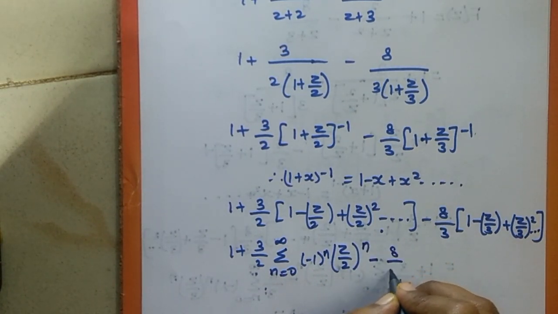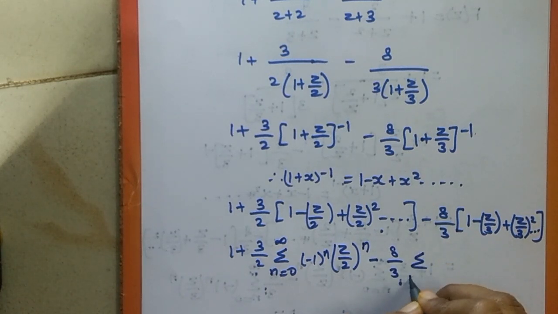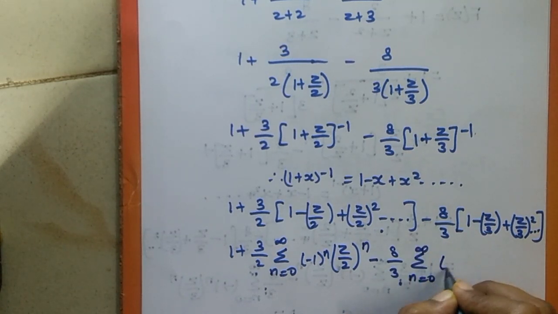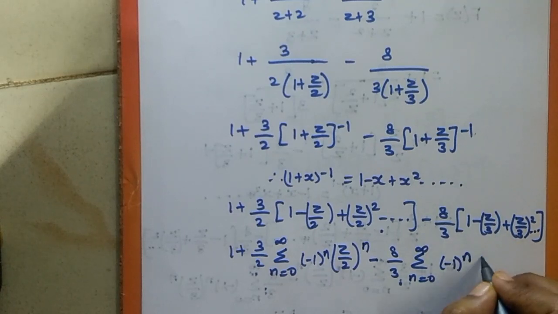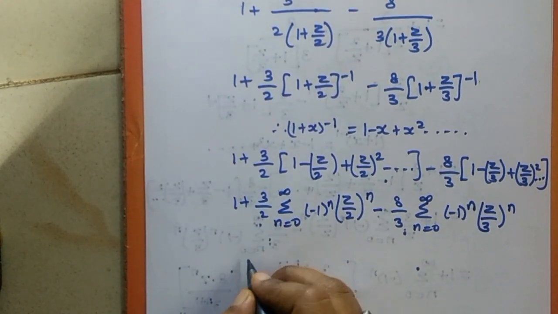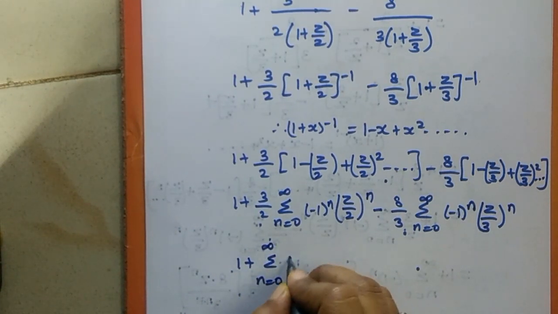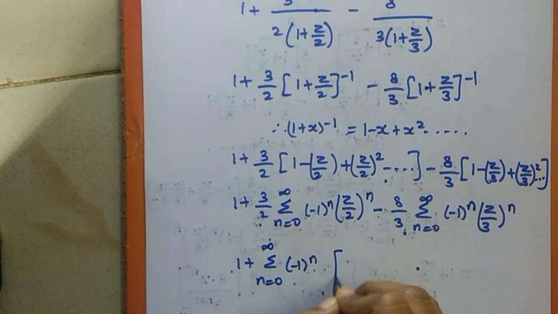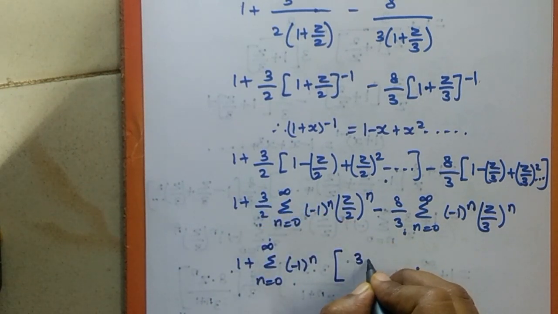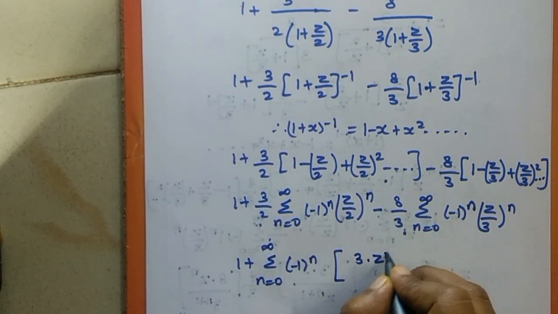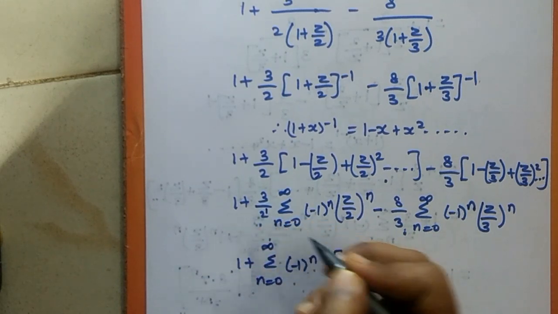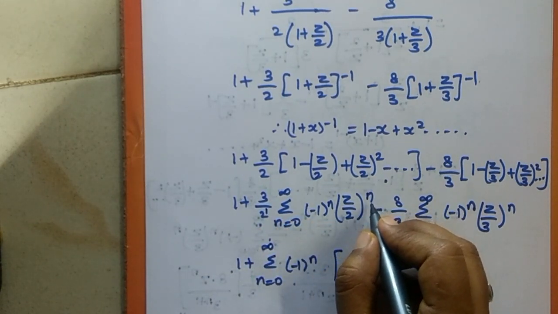Likewise, minus 8 by 3, summation n equals 0 to infinity minus 1 power n, (z by 3) power n. Take common summation n equals 0 to infinity minus 1 power n, 3 times z power n divided by 2 power 1, 2 power n.